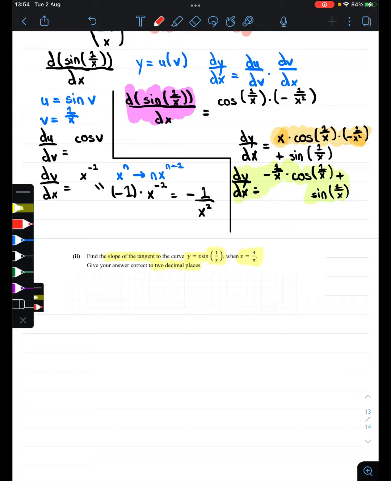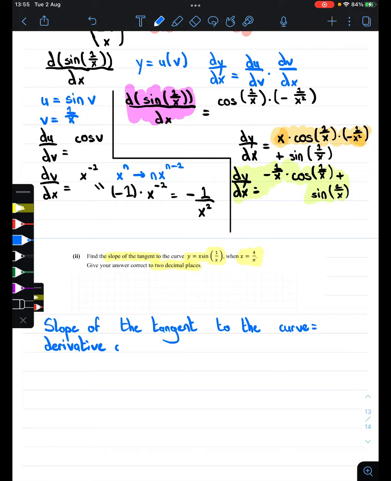Okay, so we're looking for the slope of the tangent to the curve. Well, this is just the definition of the derivative of the curve, because the derivative is just the rate of change.